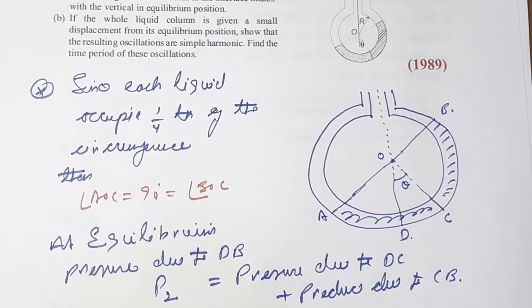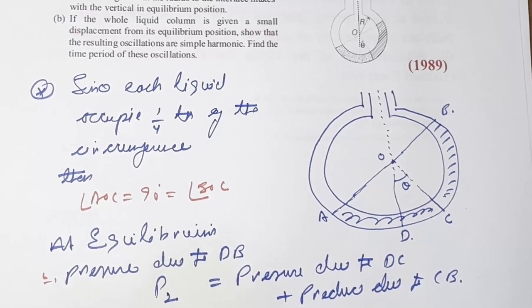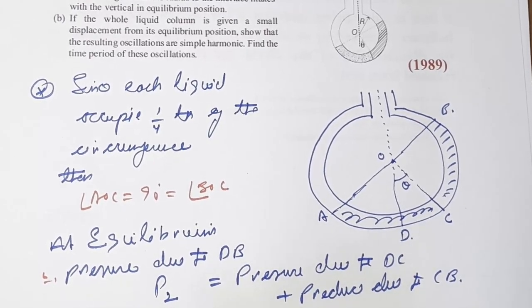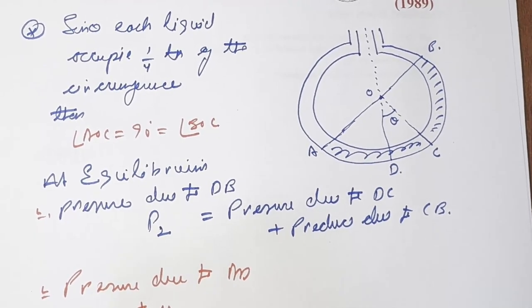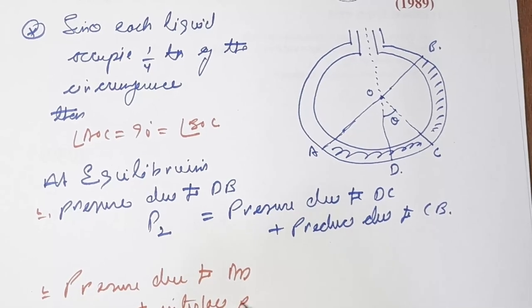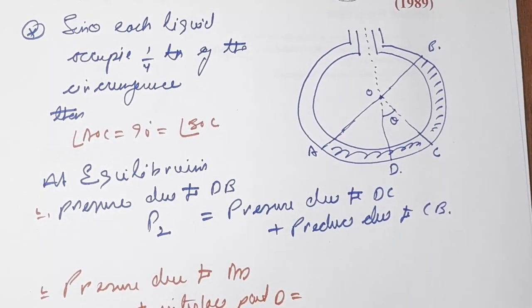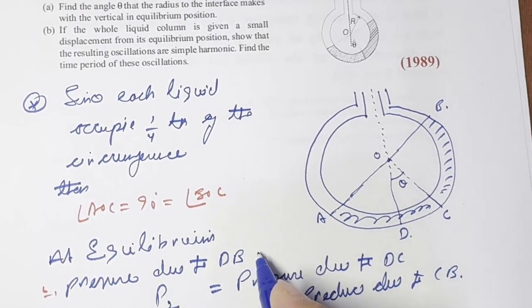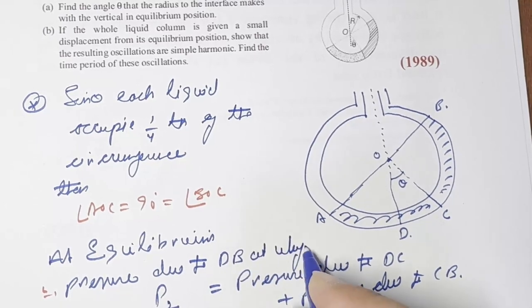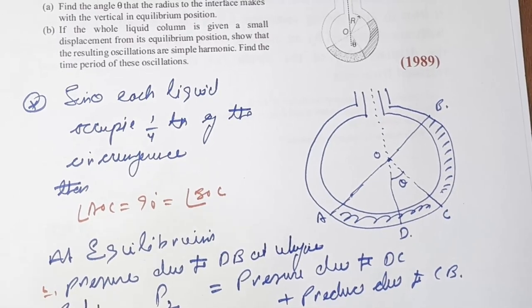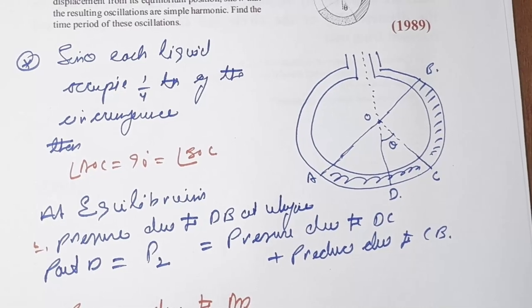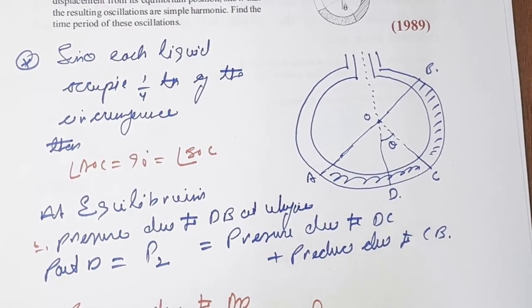And we can say the pressure due to AD at the interface point D, and also the pressure due to DB at interface point D, is taken as P2, and the pressure due to AD at interface point D let us suppose is taken as P1.